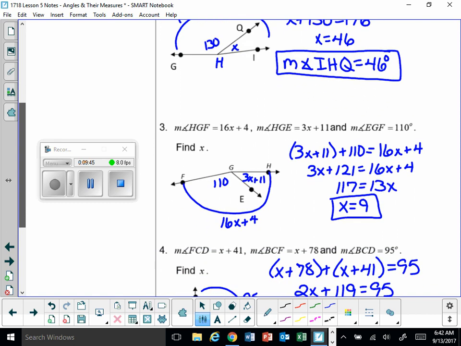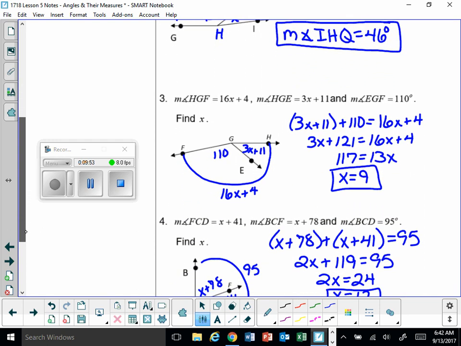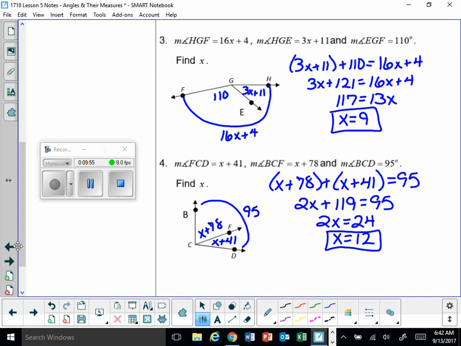For number 3, I was only asked to solve for x. And for number 4, I was only asked to solve for x.